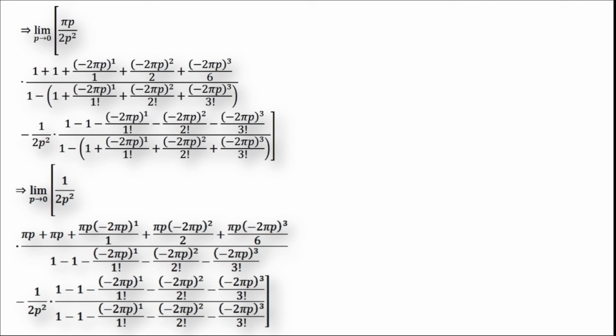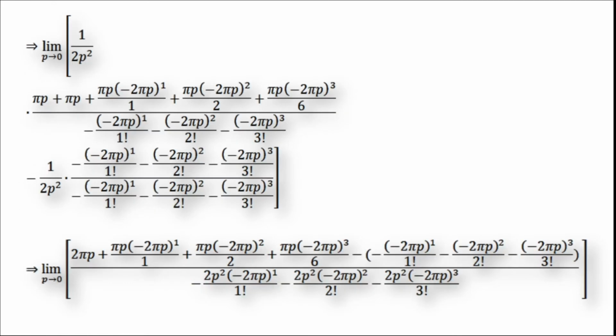So I have worked out those factorials. Again, we multiplied by pi p in the numerator. 2p square remains in the denominator the same. We have not yet multiplied by it.